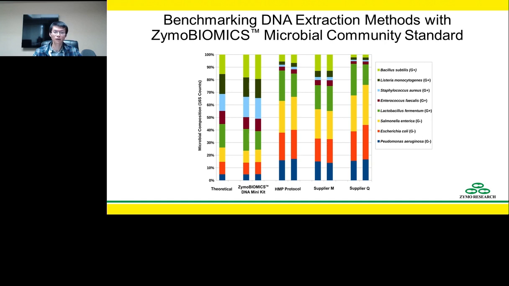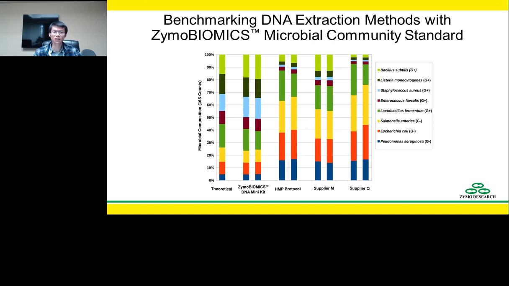These include our ZymoBIOMICS DNA Miniprep and 3 other commonly used protocols currently used in the field: the Human Microbiome Project Fecal DNA Extraction Protocol, the MO BIO PowerSoil Kit, and the Stool DNA Extraction Kit from QIAGEN. As you can see, compared to the theoretical value, the profile generated using our kit has almost perfect agreement, while the other 3 kits have dramatic bias.